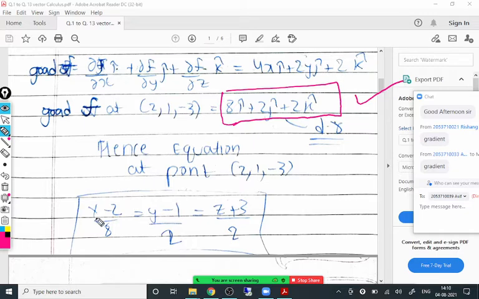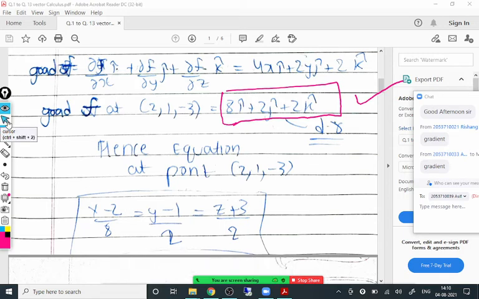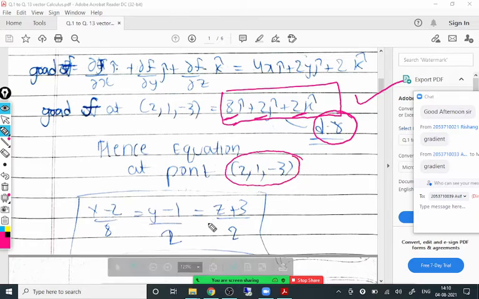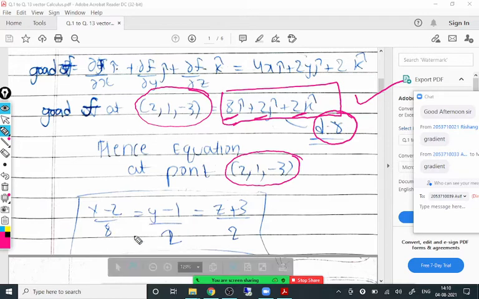For the equation of a straight line we use the passing point and direction ratios form. If you observe, 8, 2 and 2 are the direction ratios of that straight line, and the line is passing through 2, 1, minus 3. So this is the equation of a straight line which is normal to that surface at this point.